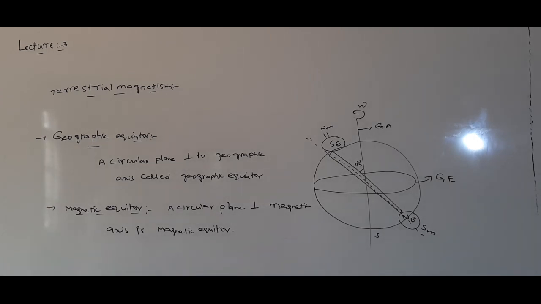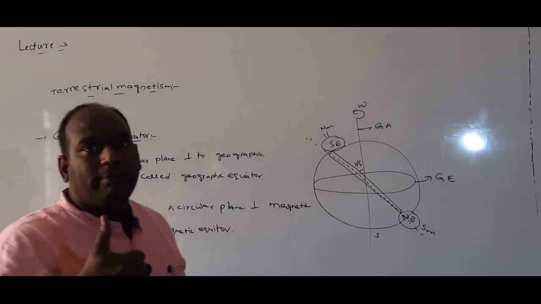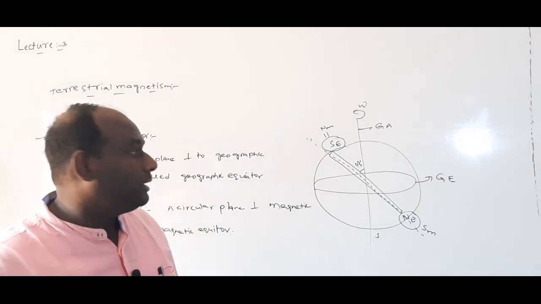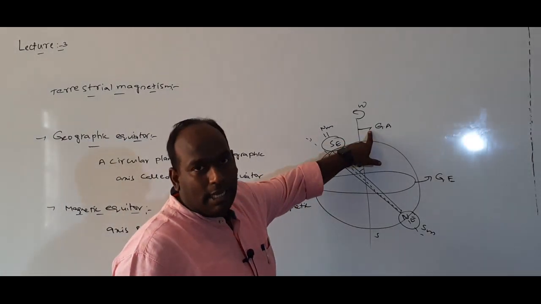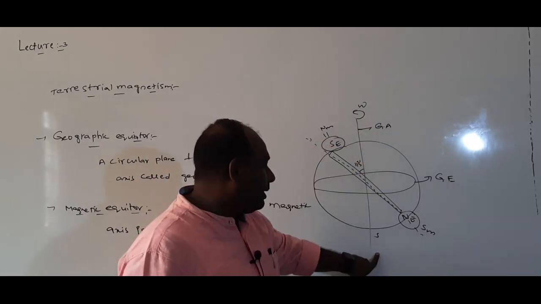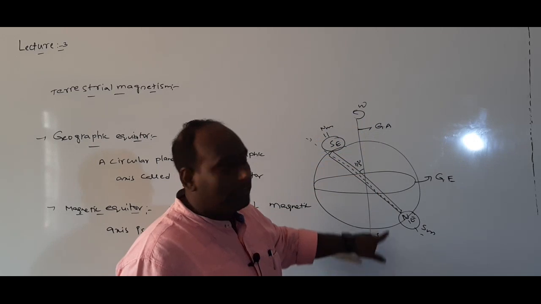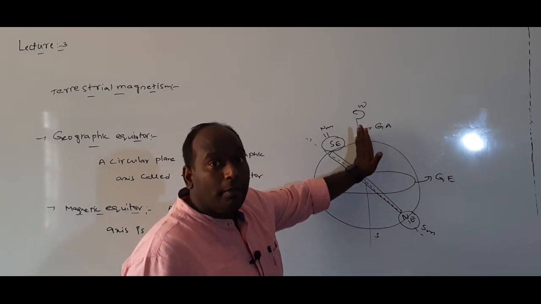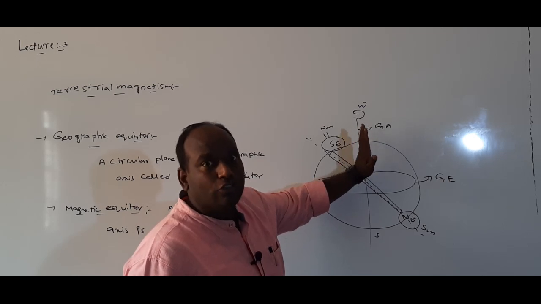Please remember, I am going to repeat one more time. We studied 6 definitions. What is meant by geometric axis? A line passing through geometric north to geometric south is known as the geometric axis. A plane containing the geometric axis is known as the geometric meridian.